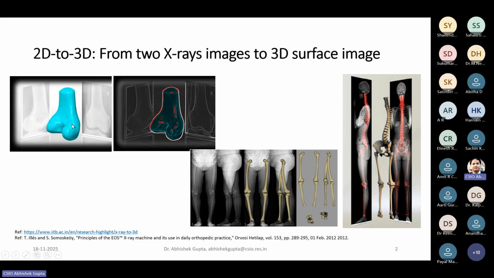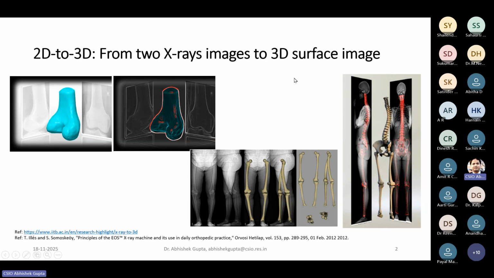Similarly, you can see the other body part also. We are using two images, one side view and another a front view, to make the three-dimensional anatomical surface. Here also you can see the two images, and using these a 3D is developed. So the basic idea is, if we have X-ray images, either one or two, or sometimes more than two, then using those images can we make a 3D surface image?